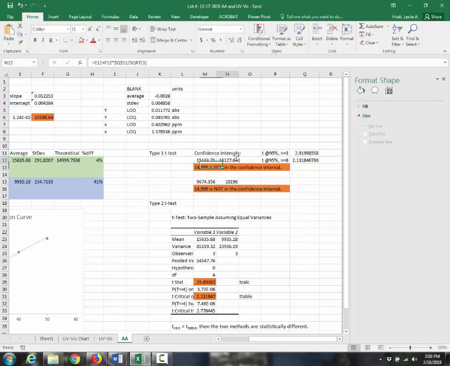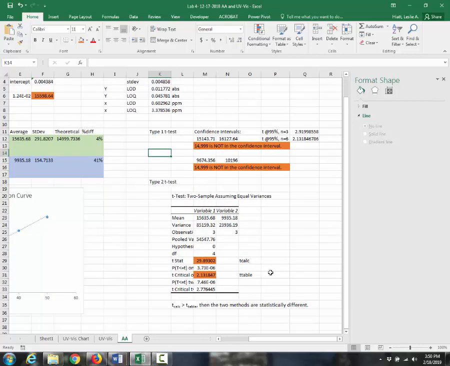And then I did the same thing right next to it, but this is plus instead of minus. Okay, now I've just got my interval set up, and I can see that my theoretical is not in my confidence interval. And then same thing down here, except this is way lower numbers. So with this type 1 t-test, you're hoping to see whether or not your theoretical value is within the confidence interval for your data.